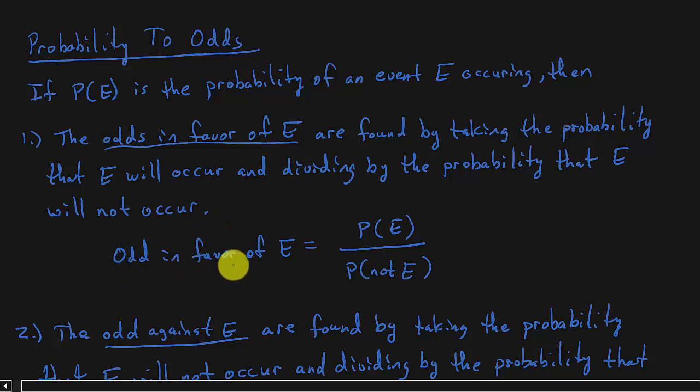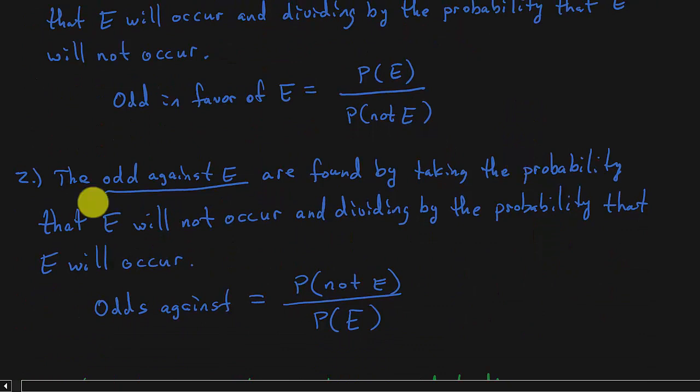So the odds in favor of E is the probability of E over the probability of not E. Okay? And then the odds against E are found by taking the probability that E will not occur and dividing by the probability that E will occur. So the odds against is the probability of not E divided by the probability of E.